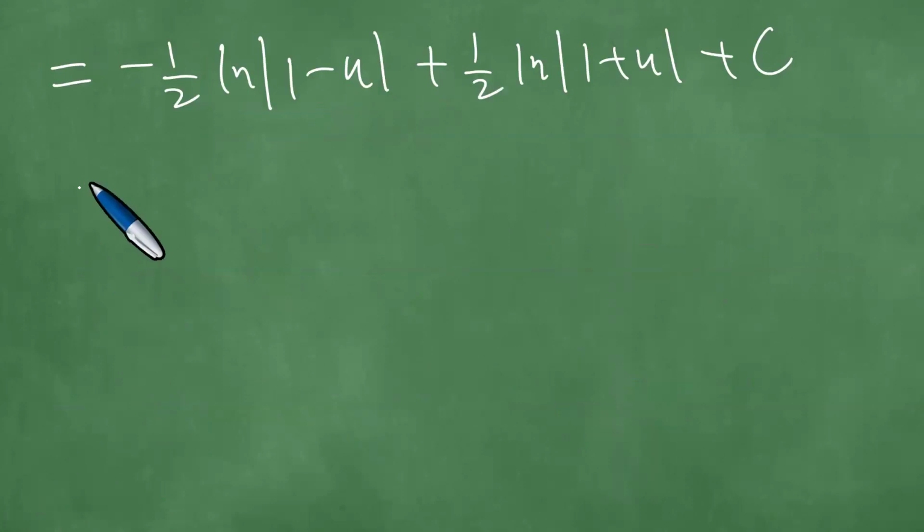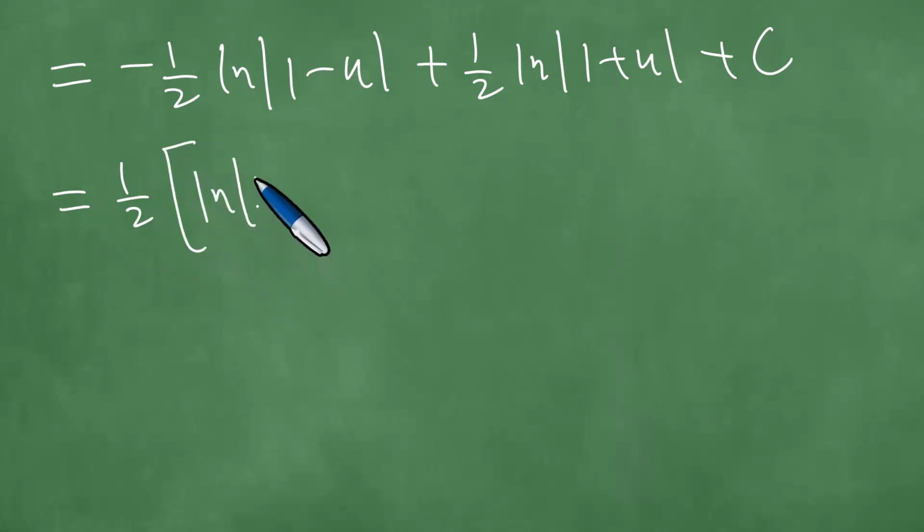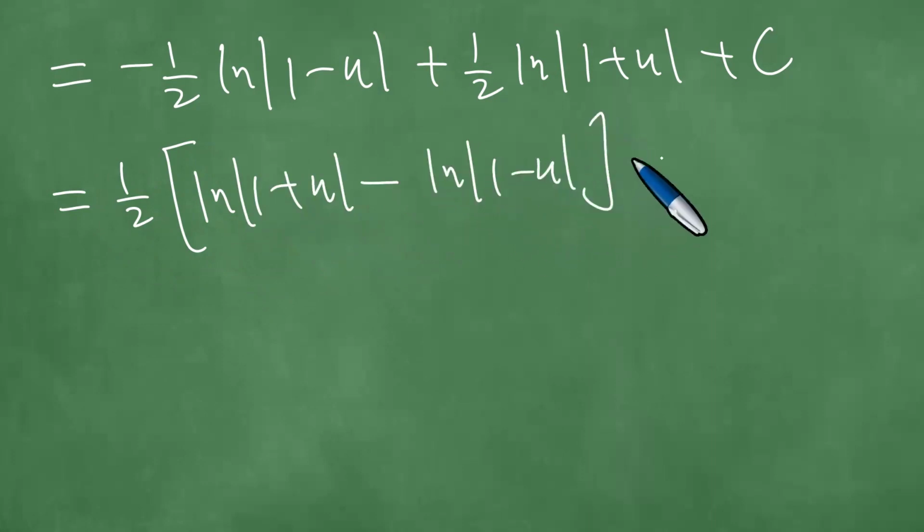And so what is all this here? At this point, it is very clear that we can take out the coefficient 1/2, obtaining 1 plus u minus the natural log of 1 minus u plus c.